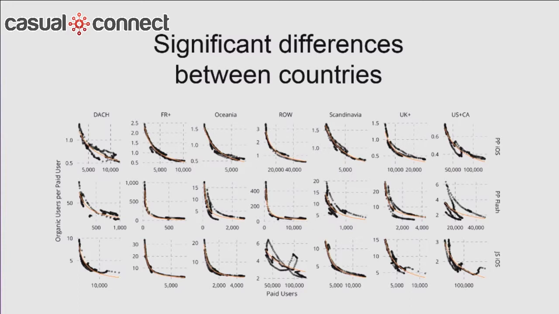For example, I don't know if it's stereotypical, but France is a highly viral country, UK and US are somewhere in the middle, Germany and Austria much lower, the Nordics completely at the bottom, only Poland and Russia lower. So there are very significant differences in virality between countries, and that should lead you to think about where you run influencer campaigns, where you do community marketing, and in which way, because there are simply people who like talking about games and people who don't, and there seem to be more in some countries than in others.